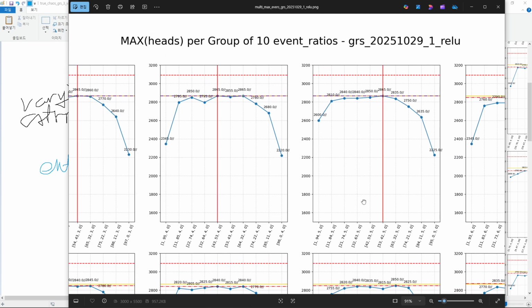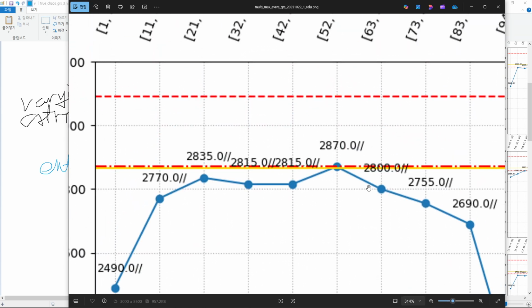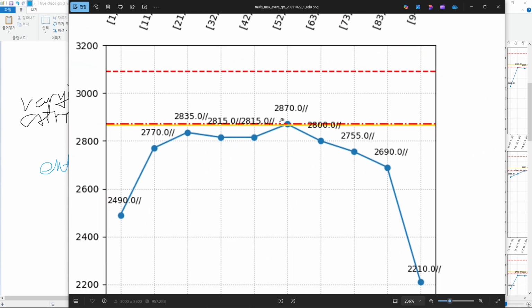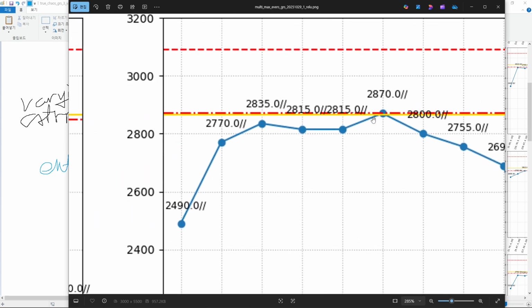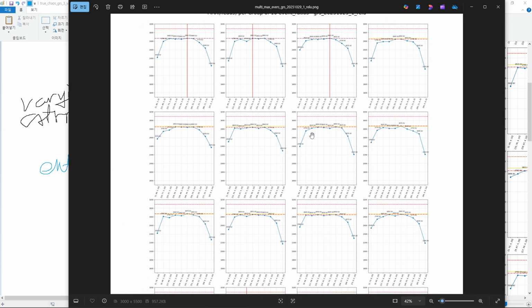Which is why I think in some places, like right here, we have 2870. This isn't supposed to happen. This is impossible. But we have it anyway. And hold on.